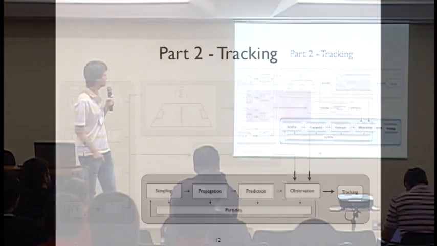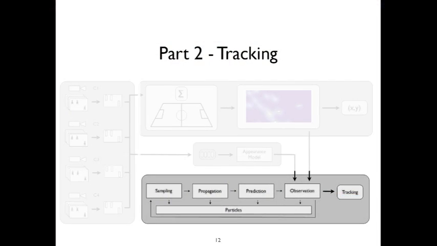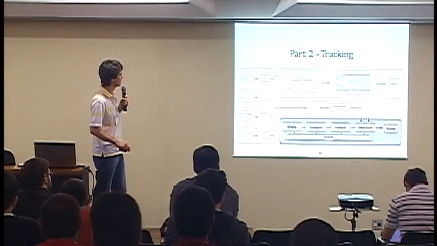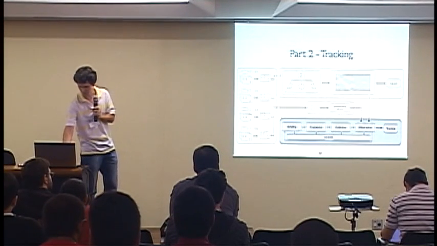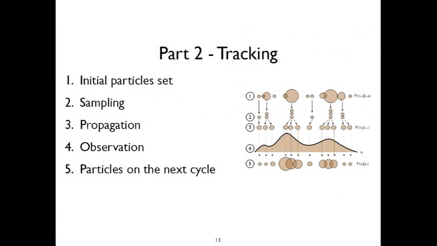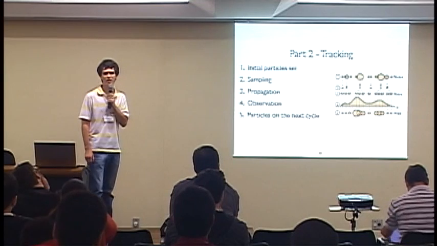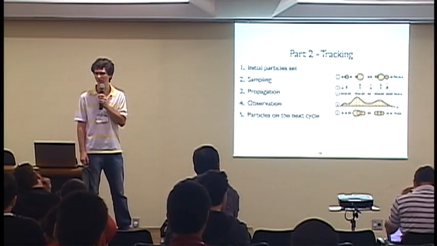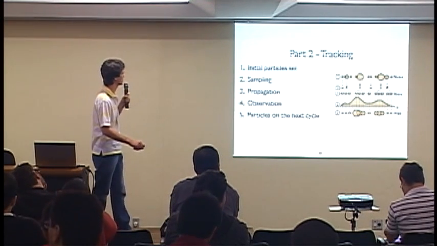In the second part, we have a particle filter that uses this multimodal function as the observation process. A particle filter can be represented quickly with this figure. In step 1, we have a set of particles represented by circles, and weights are represented by the size of the circles.